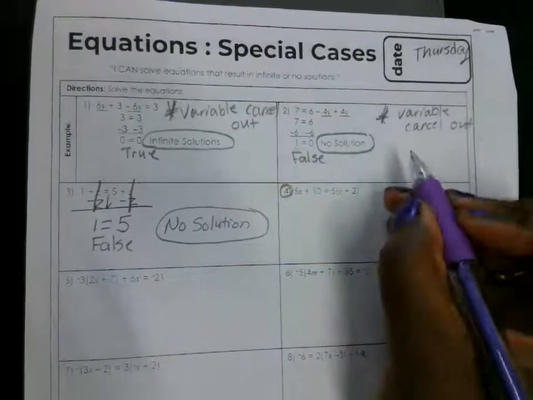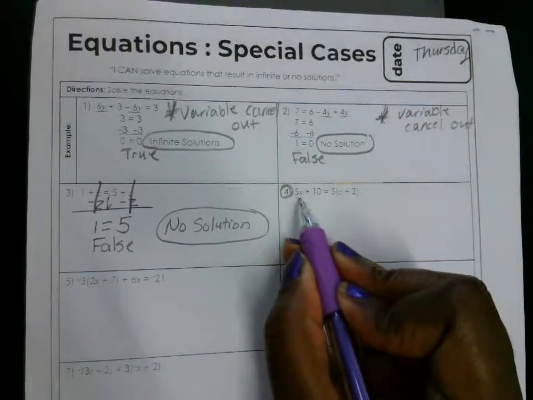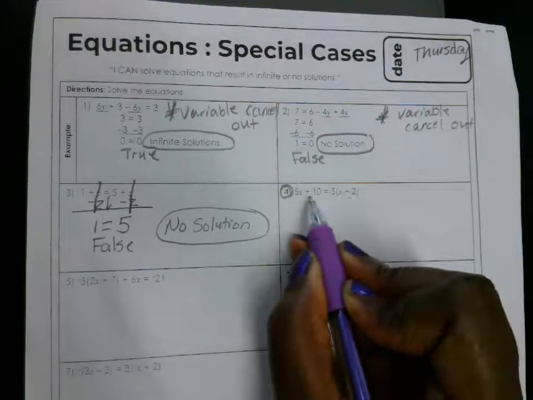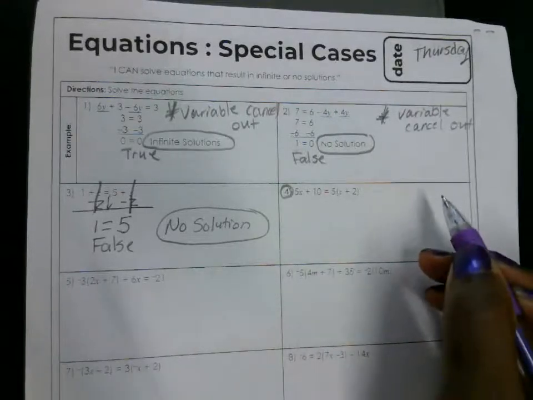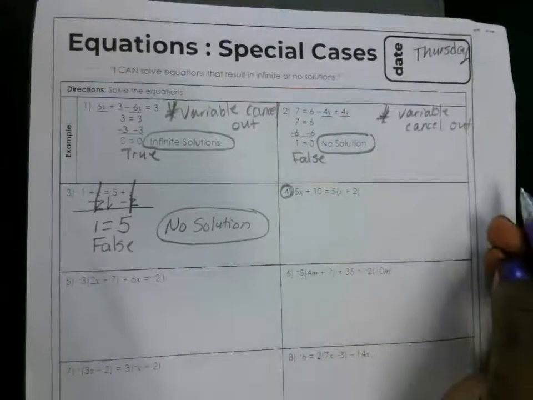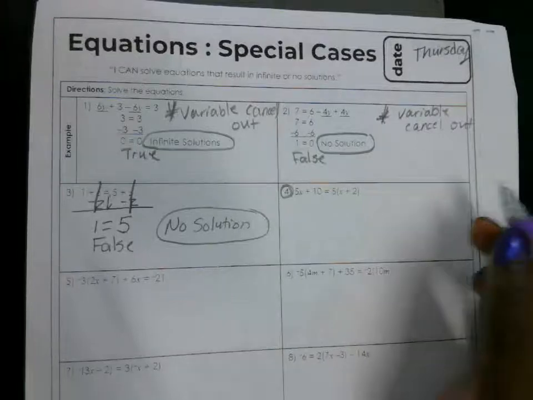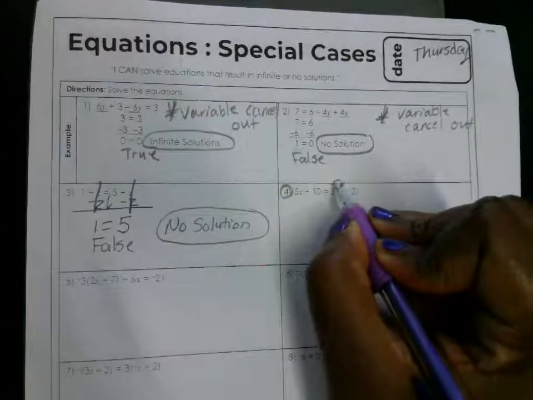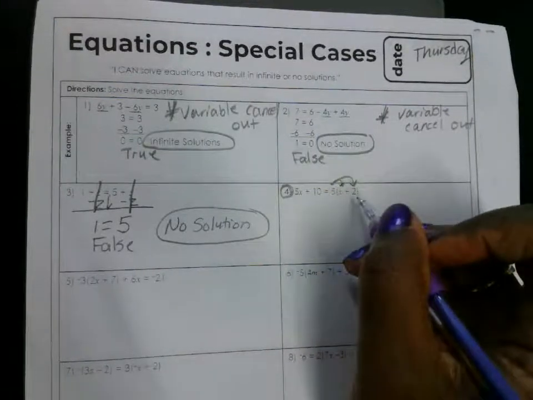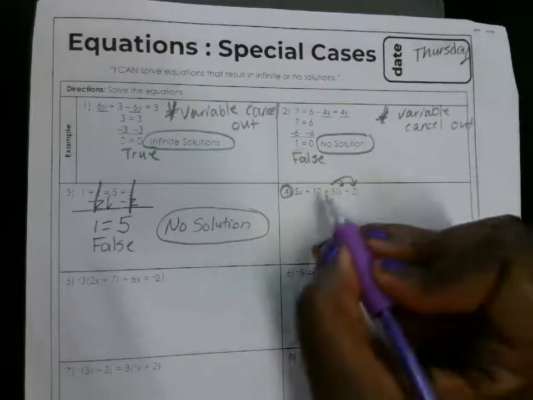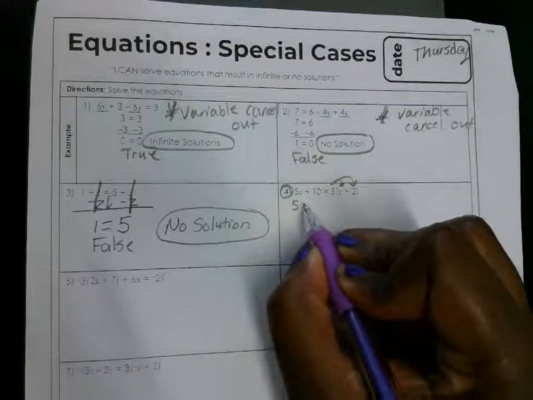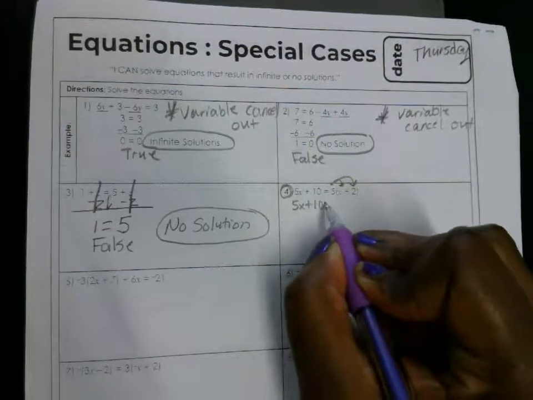Yes, Jay? Madison, look. The first step is always distributive property. Do you see distributive property? Very good. So you're going to multiply those. Does that make sense? All right. So we're going to bring down 5x plus the 10.